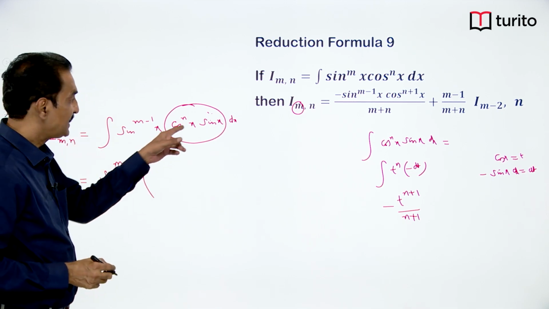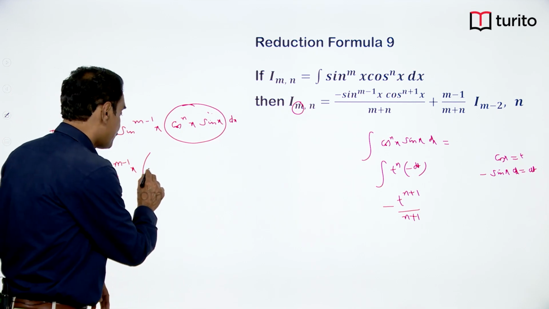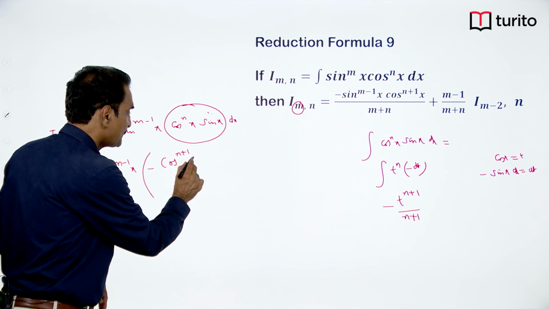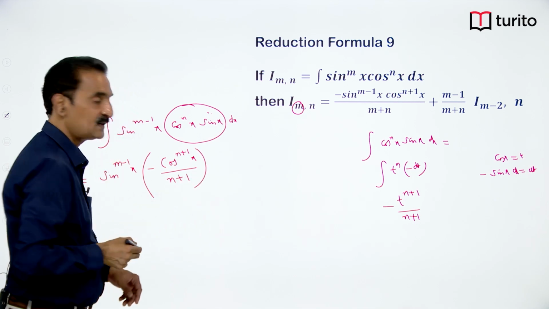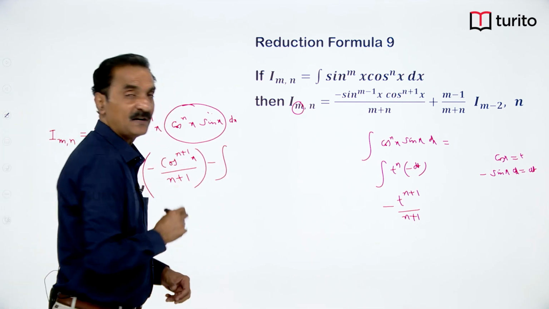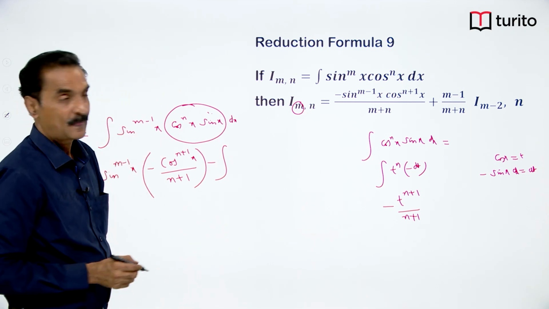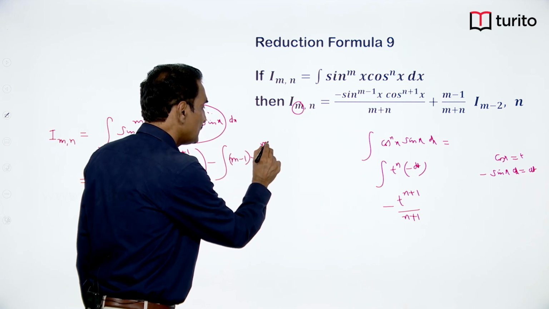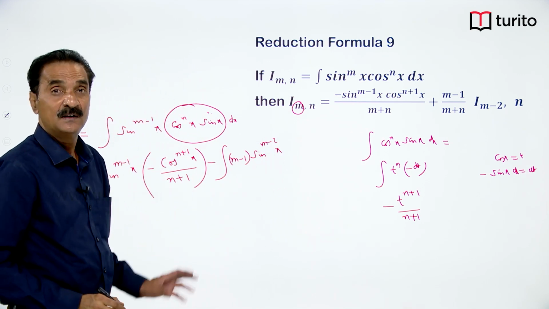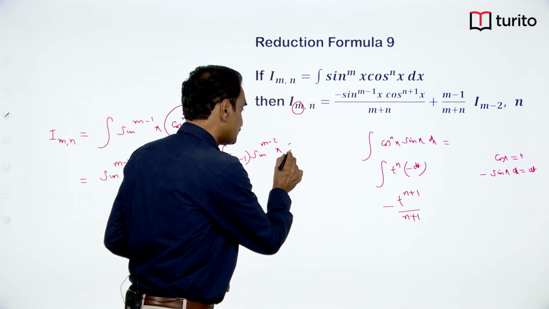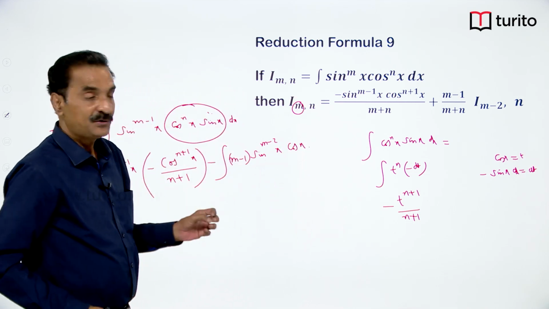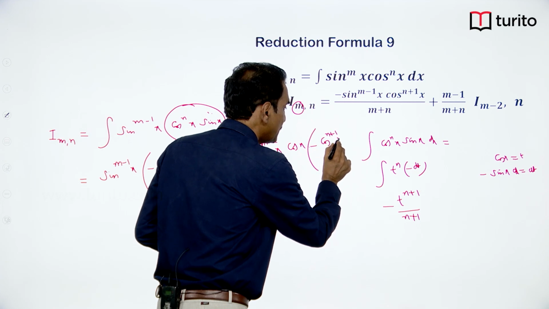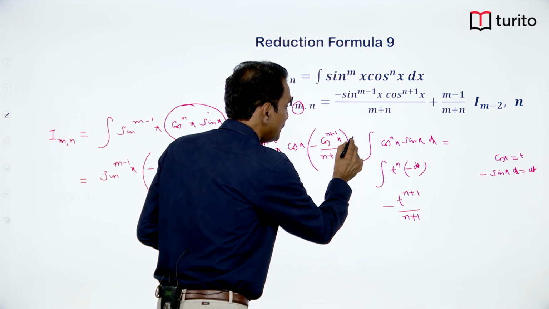First function is this, integral of the second is minus cos power n plus 1 x by n plus 1, minus integral derivative of the first function, m minus 1 sine power m minus 2 x into derivative of sin x, which is cos x, into integral of the second, minus cos power n plus 1 x by n plus 1 dx.